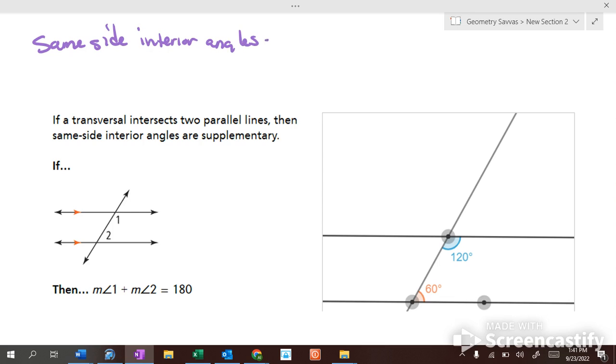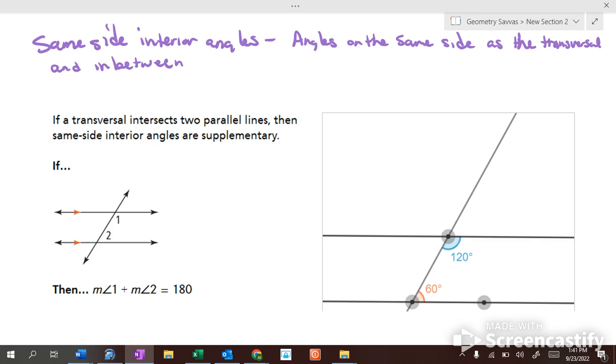Same side interior angles are basically angles on the same side of the transversal and in between the parallel lines.